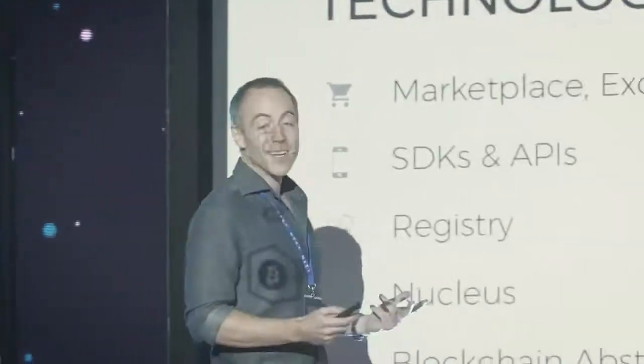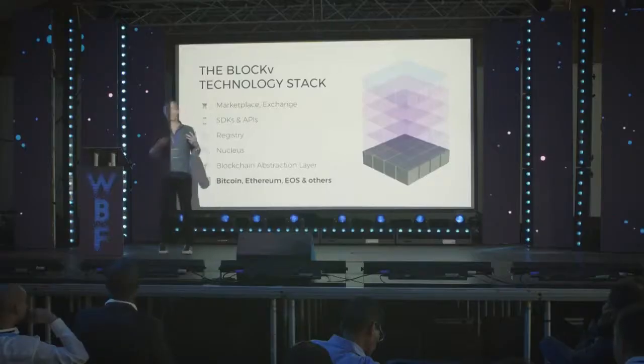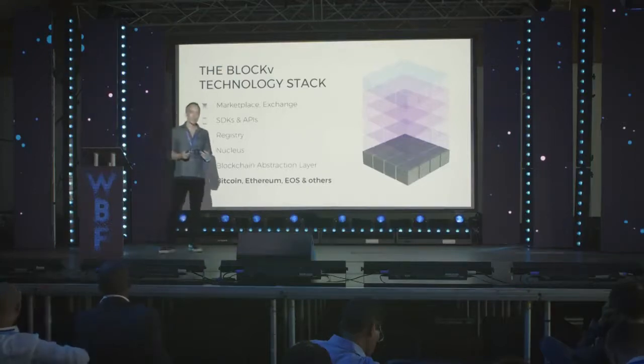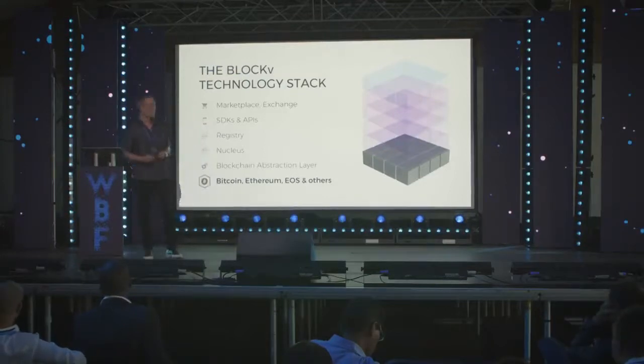So a little bit about the stack and how we've been built. We have the ability to make these tokens to be written to any blockchain. On the bottom, you've got Bitcoin, Ethereum, EOS, and all the other blockchains to come. We're very bullish on EOS as well. When they fulfill their promise of instant and free transactions, it makes writing to blockchains much more sensible, because today it takes a little bit of time and costs a little bit of money.